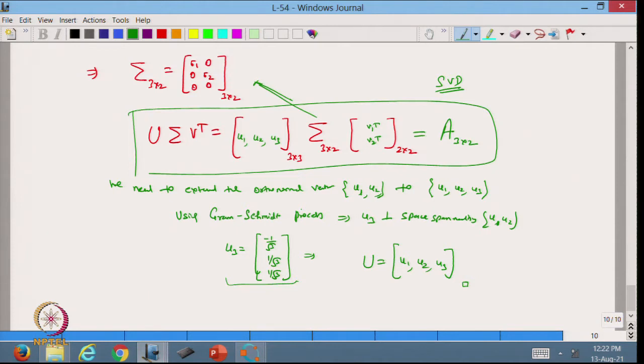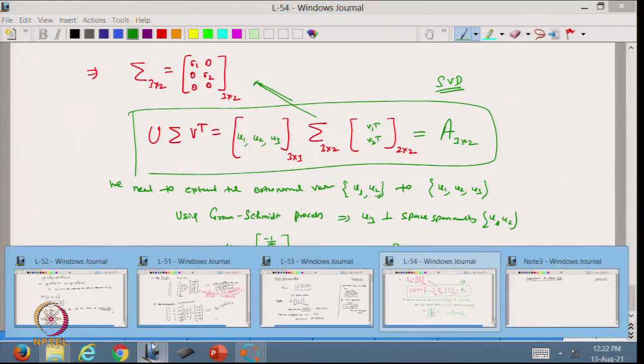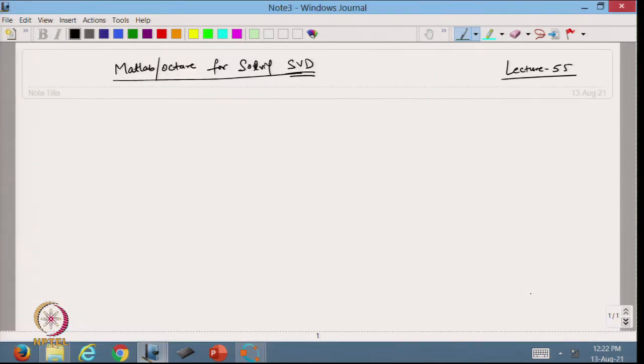But I can find this U3 with the help of linear algebra. We started with the matrix A, which is 1 1 0 1 1 0.